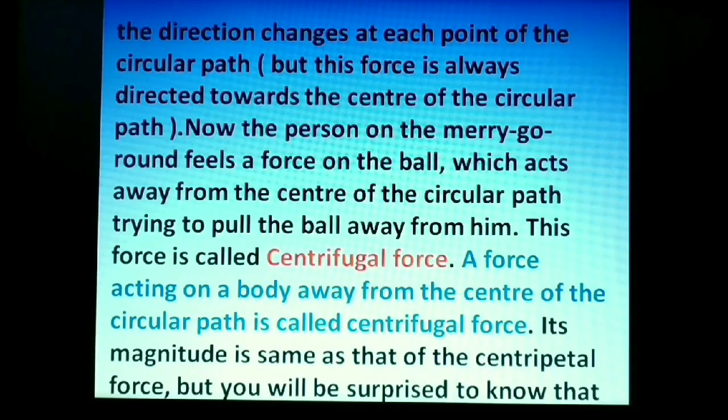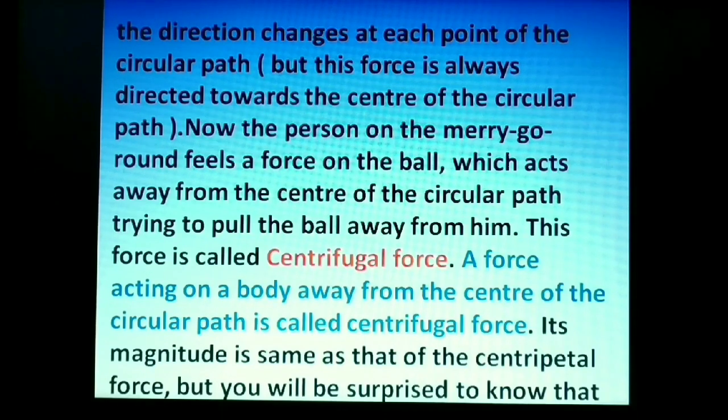Now the person on the merry-go-round feels a force on the ball which acts away from the center of the circular path, trying to pull the ball away from him. This force is called centrifugal force. A force acting on a body away from the center of the circular path is called centrifugal force.